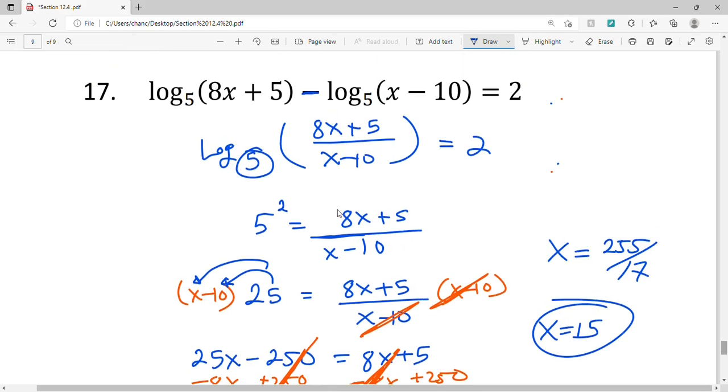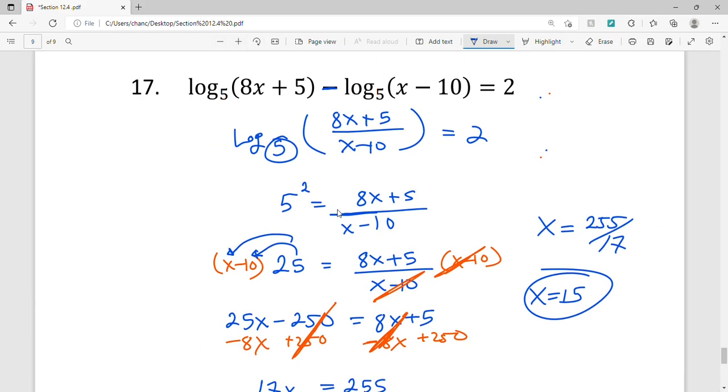I'll check it with you so you know how to do it. We'll look at the original equation and replace all of these x's with a 15.